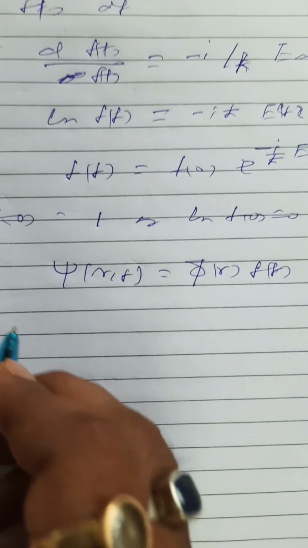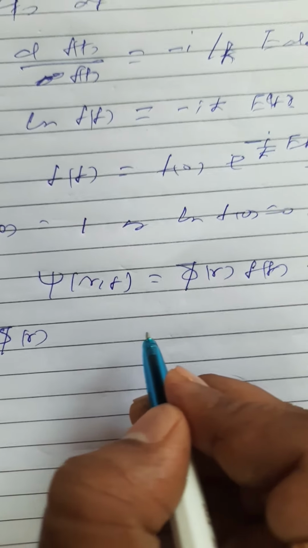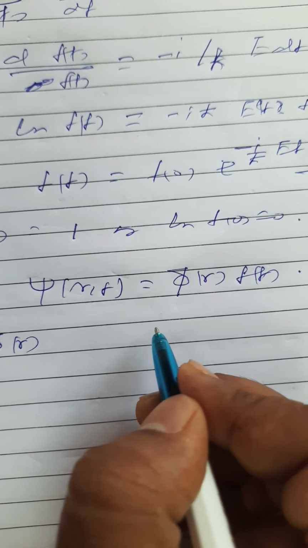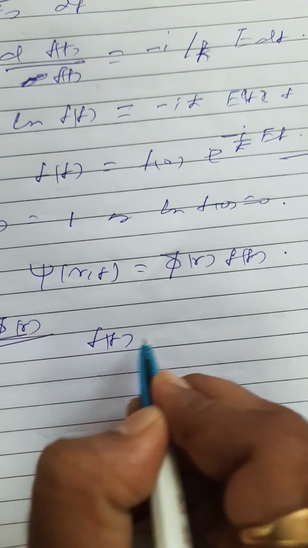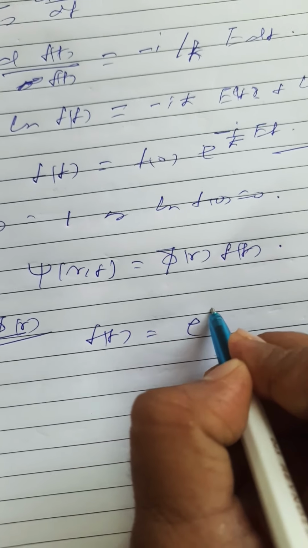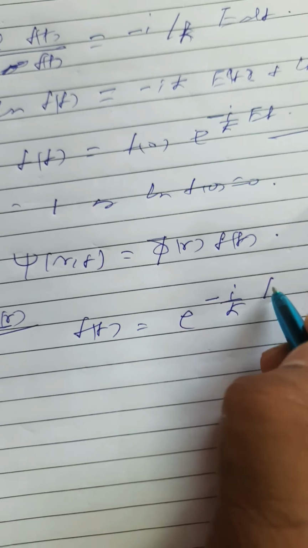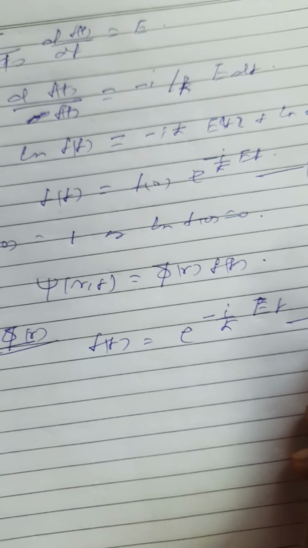And since φ(r) will contain an arbitrary constant as a multiplying factor, hence f(t) could be written as e^(−(i/ħ) E t) simply. So this will be equation number 5.